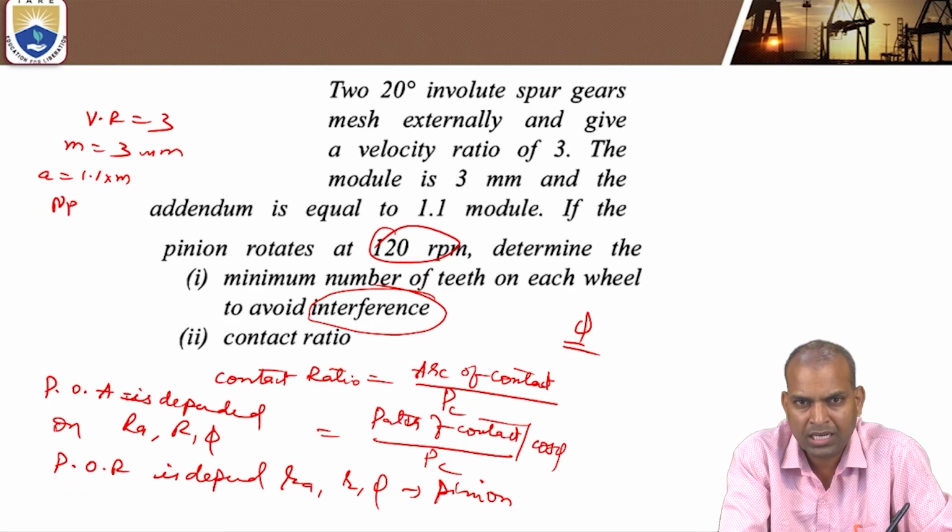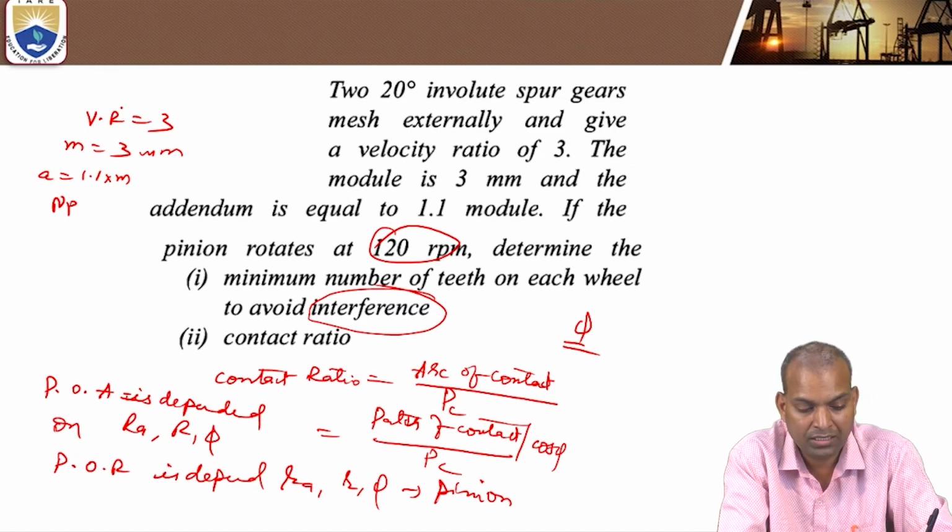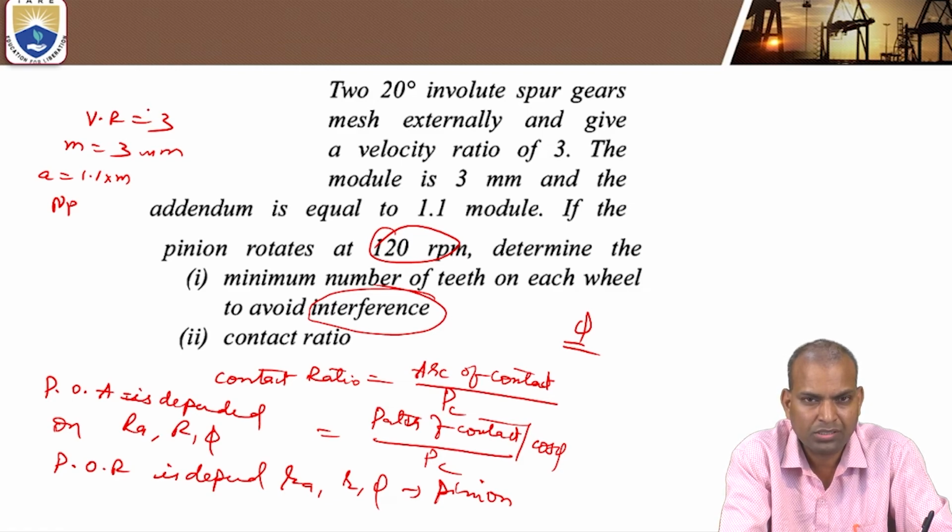And one more thing: what is the pressure angle? The angle between the line of action and the normal to the pitch point, the normal to the contact, is known as the pressure angle. The effect of pressure angle is very important, as it damages the gears and pinions during contact.